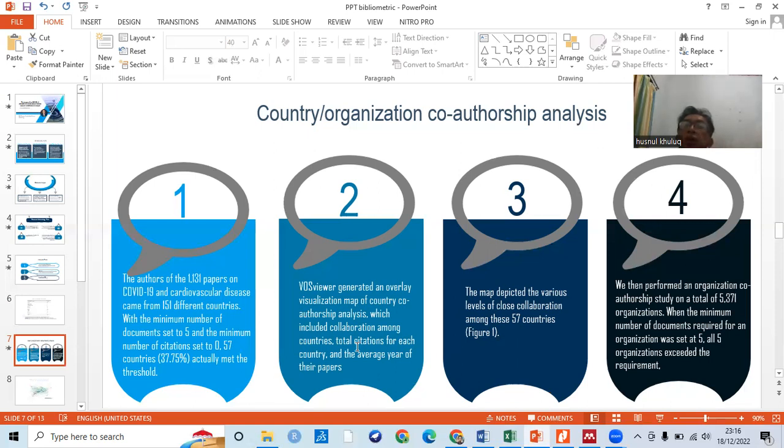When the performance of co-authorship study on a total 5,371 organizations, when the minimum number of documents recorded for an organization was set at 5, all 5 organizations exceeded the requirement.